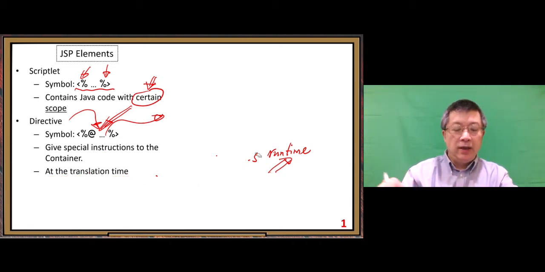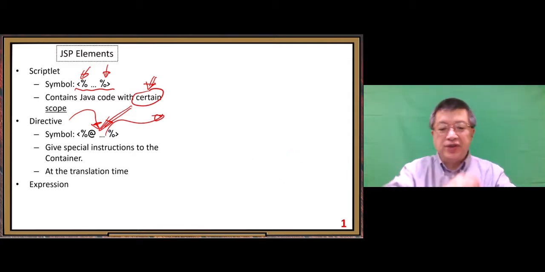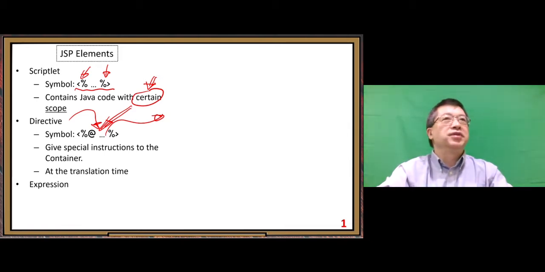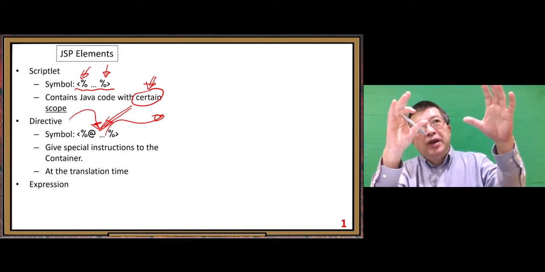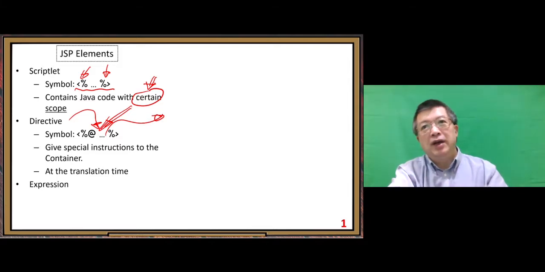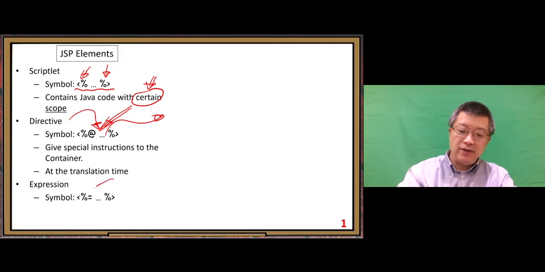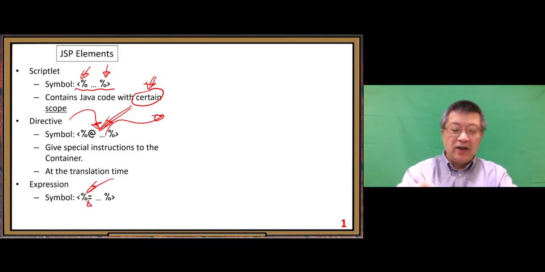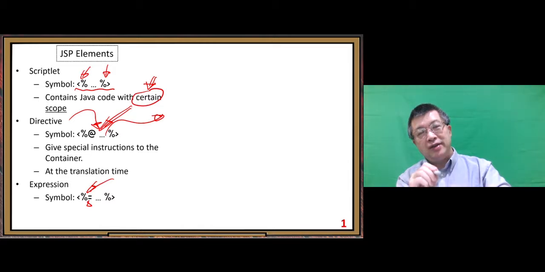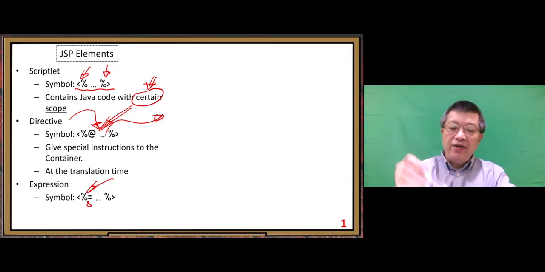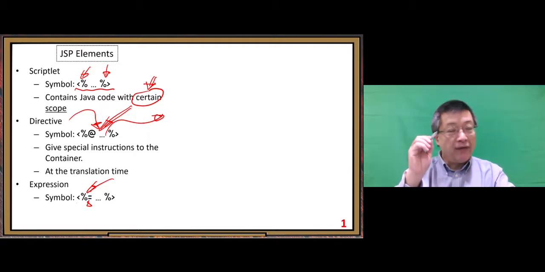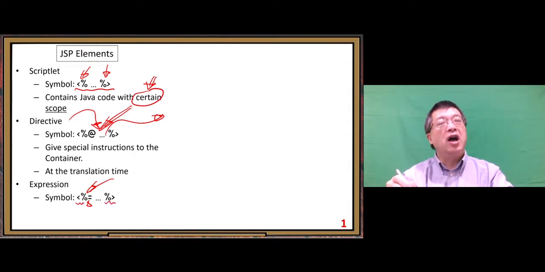Next element, expression. We also saw this in our Duke example. You can see that small Duke example covers a lot of concepts. Expression, we also used in that example. I emphasized that equal sign. Remember, all these elements have a common part: the less than, percent, greater than signs.